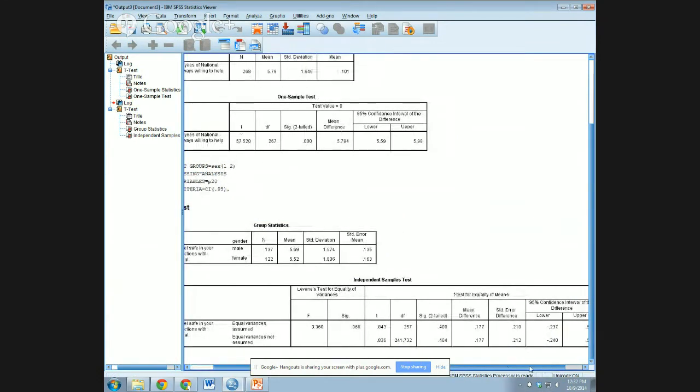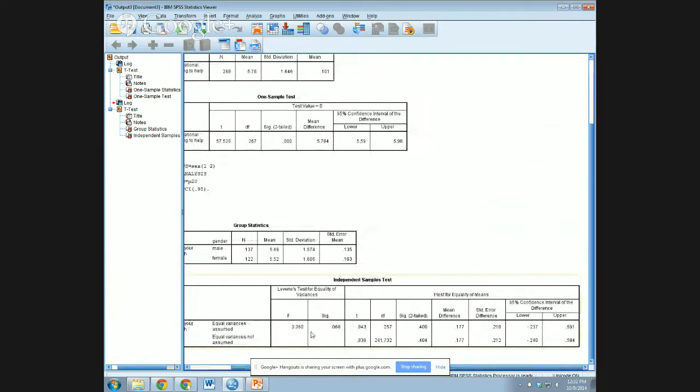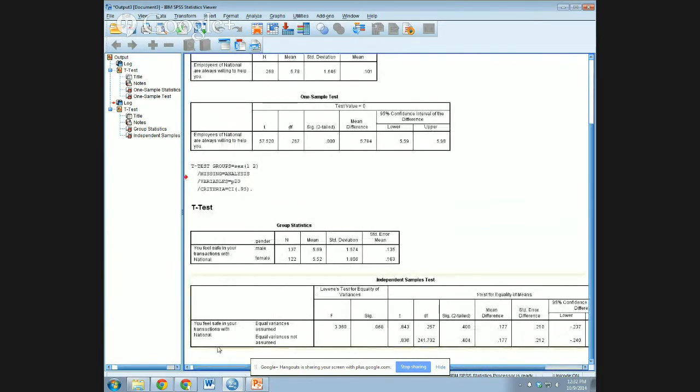Now the question is, what do we do with that? Well, I had mentioned before that when we do an independent samples test, we need to look at whether variances are equal or not. So if we look at the test for the equality of variances, again, if it is less than a p of 0.05, then there's a significant difference between them.